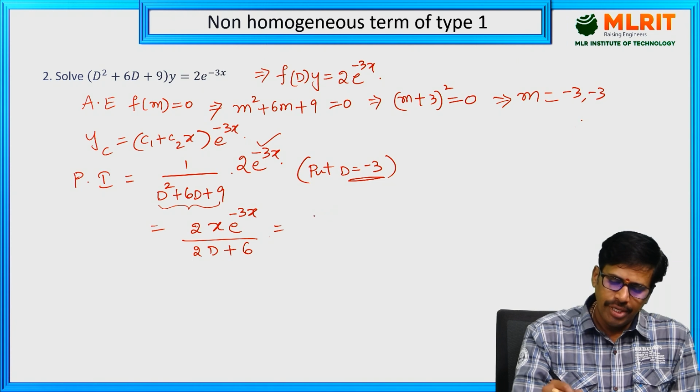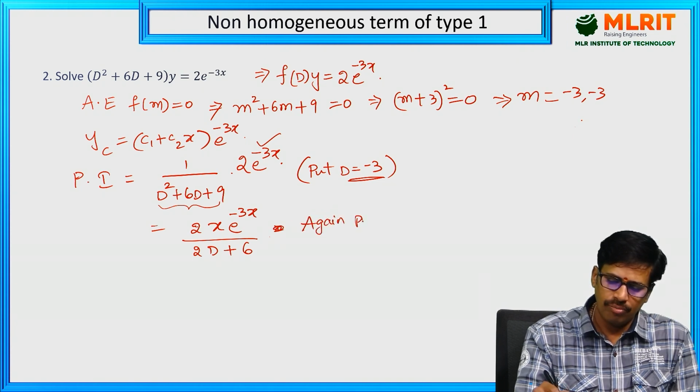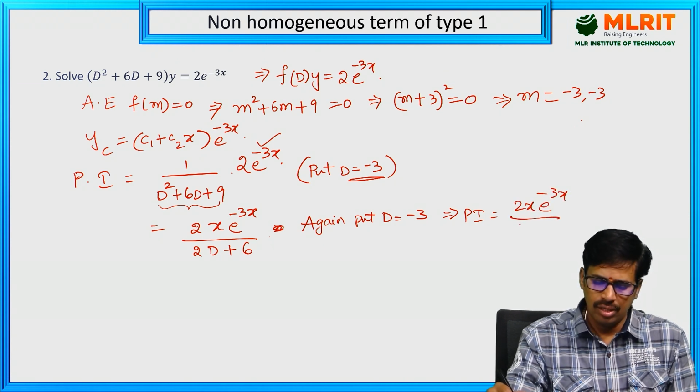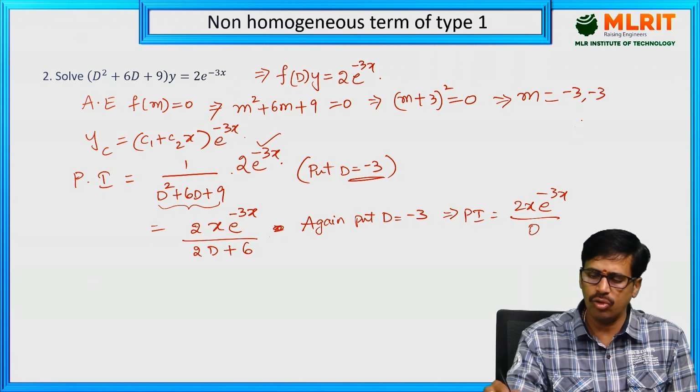Now again substitute D equal to minus 3. So we get the particular integral as 2x e power minus 3x divided by 2 into minus 3 plus 6. Again you are getting 0 here.